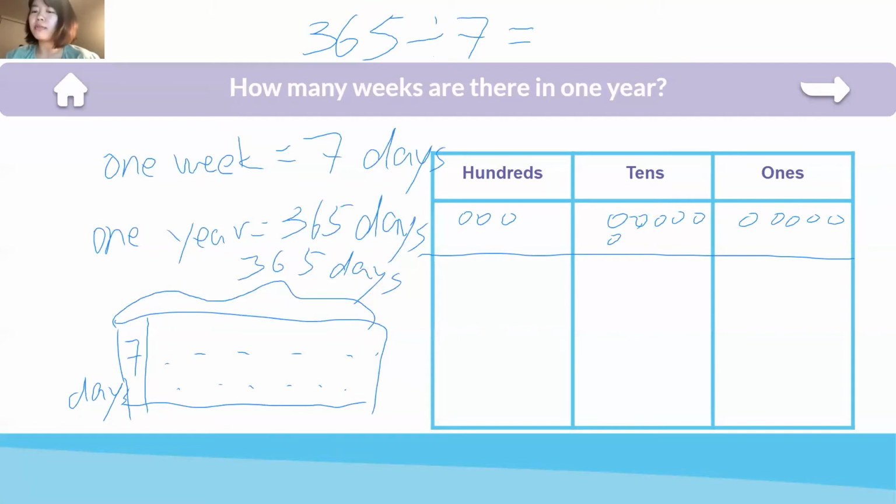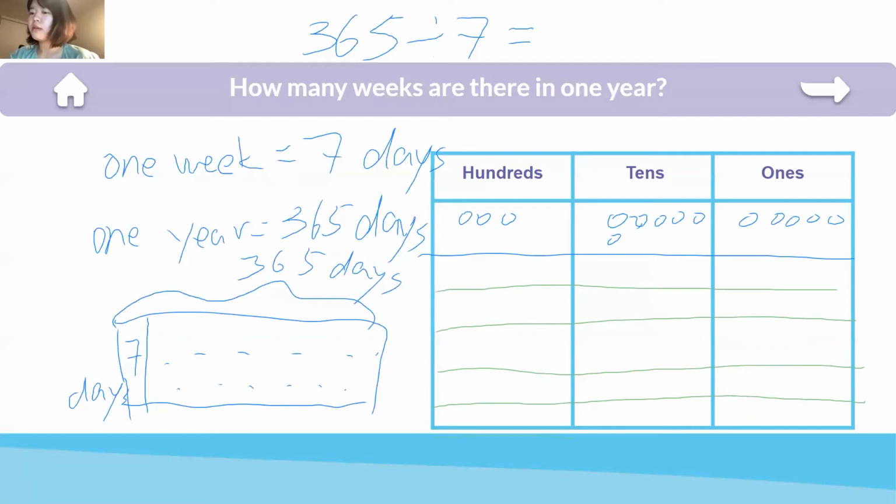So let me draw 7 groups first. 1, 2, 3, 4, 5, 6, and 7. Okay, so this is first, second, third, fourth, fifth, sixth, seventh. So we already have 7 groups.